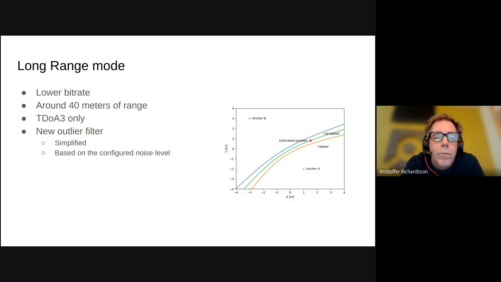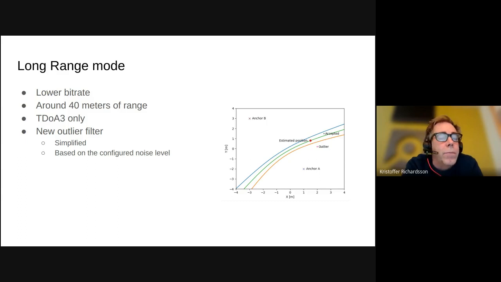I mean, you can add a lot of anchors, but if you want to cover a big space, it might be tricky to have anchors everywhere. Suppose you want to cover 40 by 40 meters, you're going to need to have some anchors in the middle of the floor, for instance. And that might not be possible in all cases. So we wanted to increase the range of the anchors a bit.